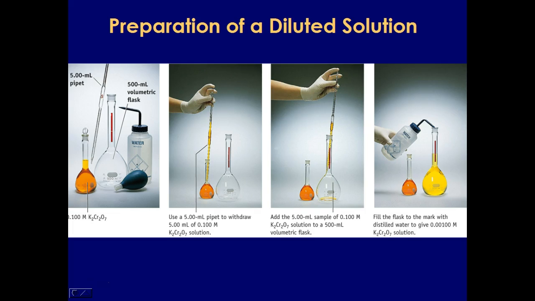Then you bring it up to the calibration mark and cap and invert to make your dilution. Hopefully you see in that last picture how the stock solution is definitely a little darker, more concentrated in color, because the bright yellow solution to the right has a lot of water that has been added to it, and that has decreased the intensity of the color.